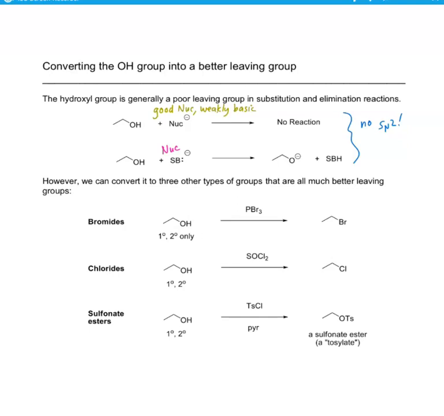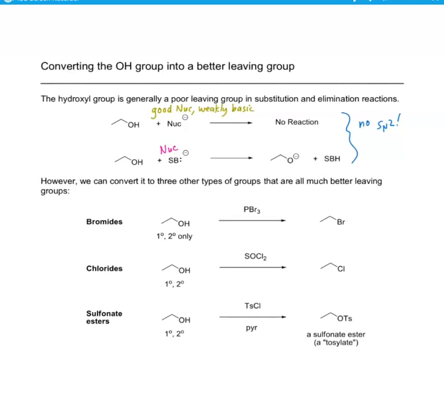So instead what you have to do is convert the OH group into something else that's a better leaving group. Now the typical candidates for this are bromides, so you can convert an OH group to a bromine by using a reagent called PBr3, so phosphorus tribromide. This will work on primary and secondary alcohols only.